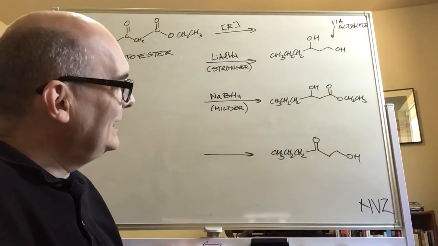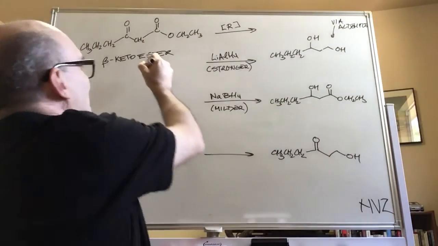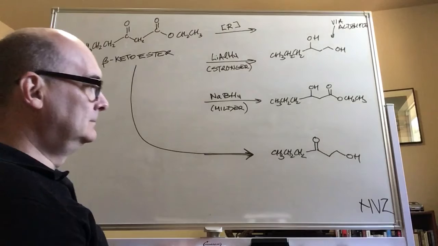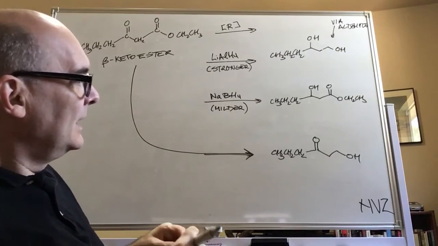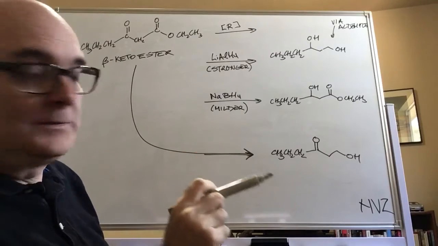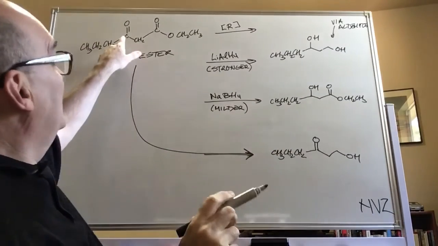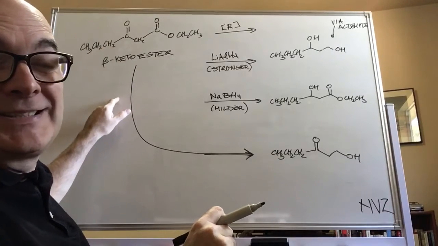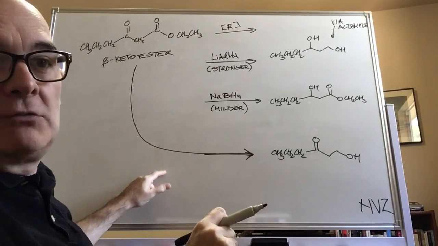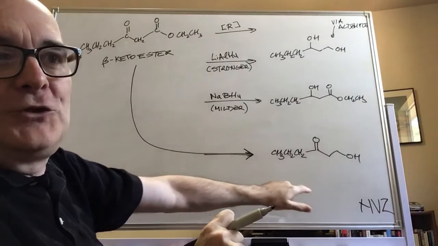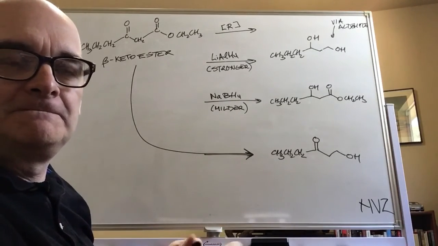So what I need to get from here to here is a reaction that will reversibly tie up the ketone. So I'm going to take the ketone, convert it into something, do the reduction, and then undo my first reaction.